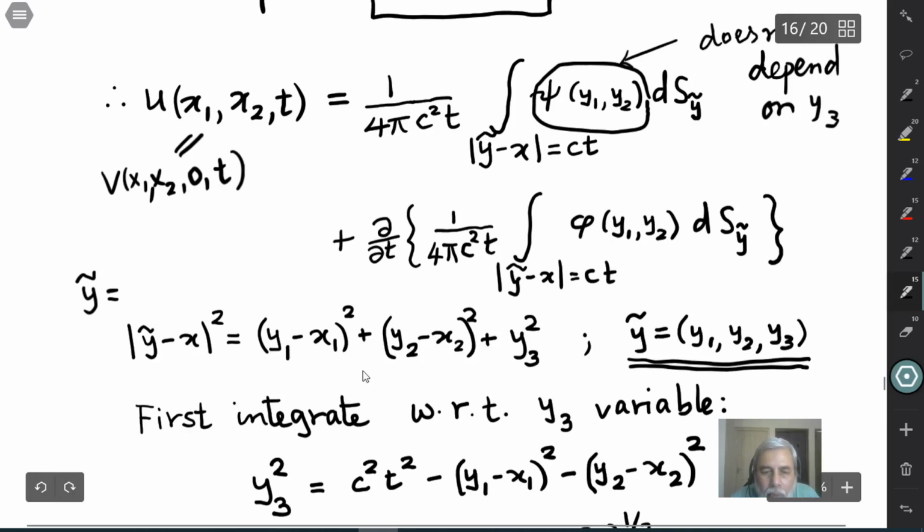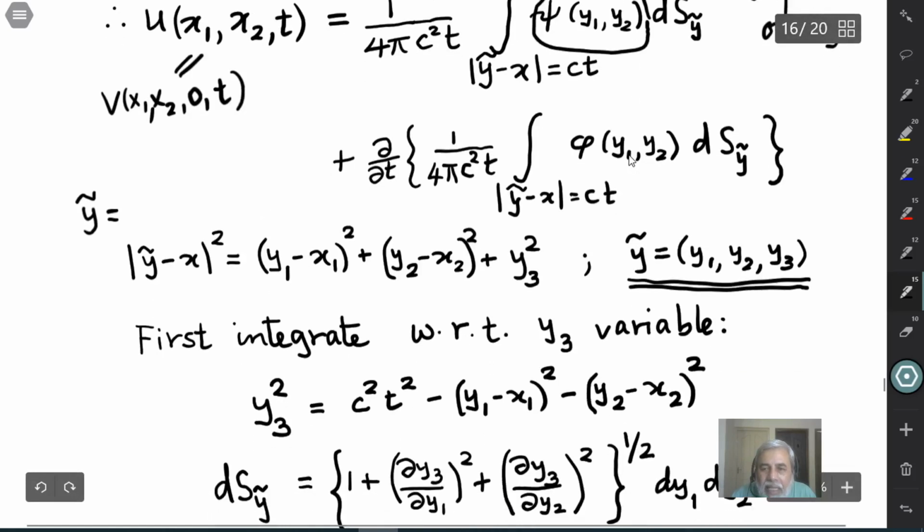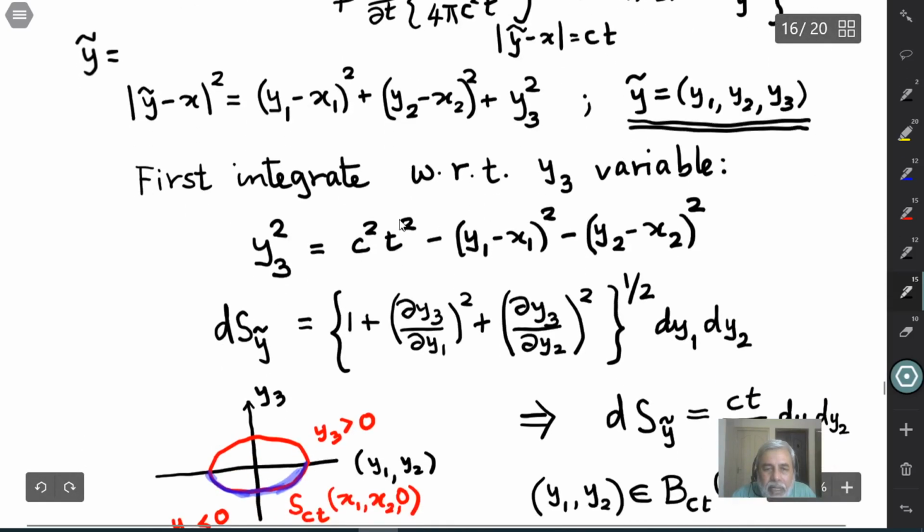So it is just (y1 minus x1) square plus (y2 minus x2) square plus y3 square, and that's equal to c square t square. That's the surface we are on. So we convert this surface integral into a double integral, and that is easily done. We rewrite this expression as y3 square equal to c square t square minus (y1 minus x1) square minus (y2 minus x2) square.